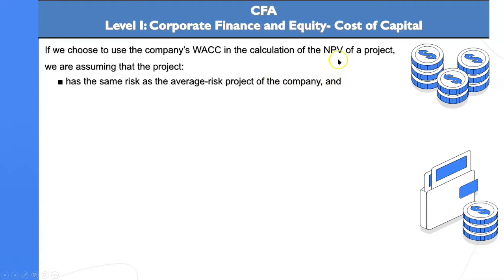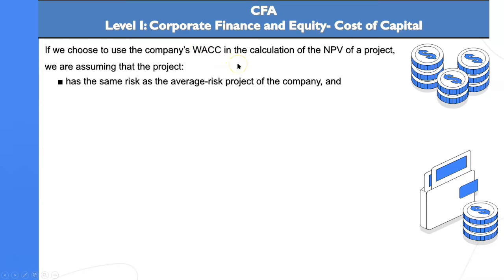The second assumption, we are assuming again implicitly that the capital structure is the same as the company's, because the weighted average cost of capital is calculated based on the weight of the debt and the weight of equity. These two items, weight of debt and weight of equity, are called capital structure.